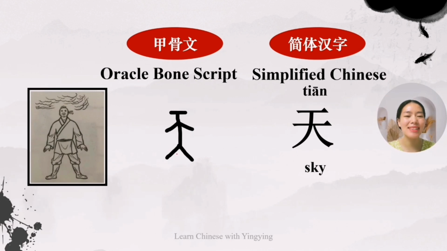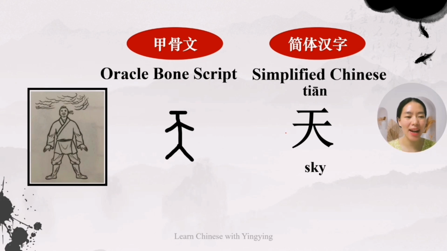It is pronounced as Tian. Okay, look at these two. They are quite similar, almost the same, right? See, a line here, and then a person under the sky with arms stretched out and legs apart.